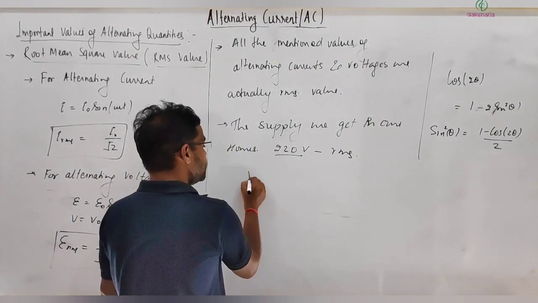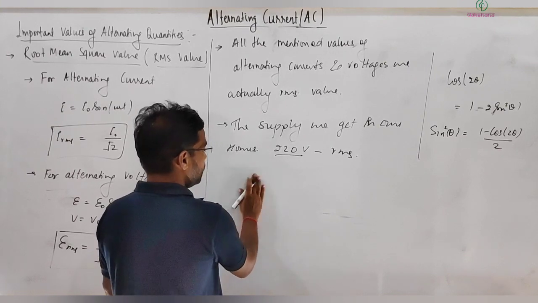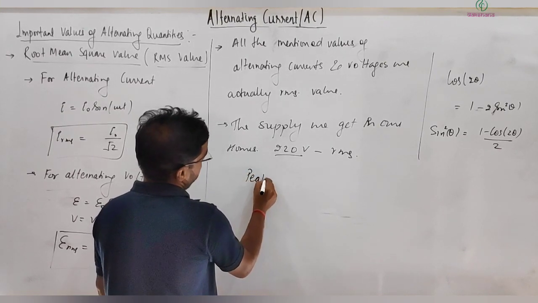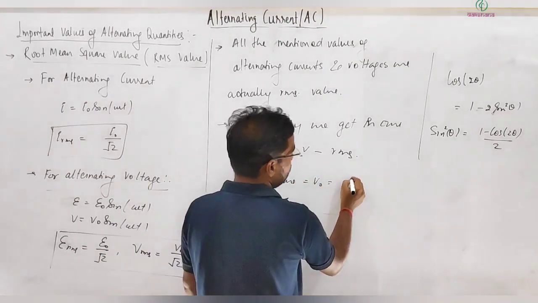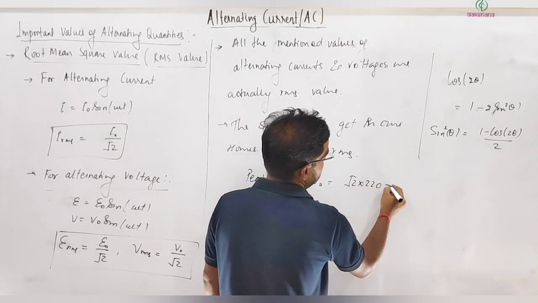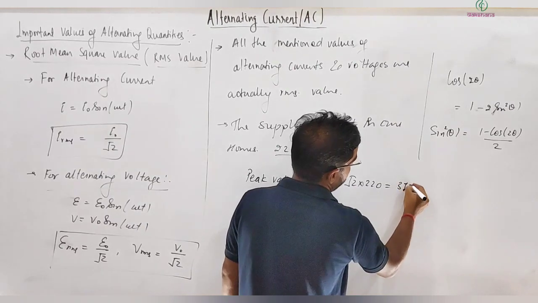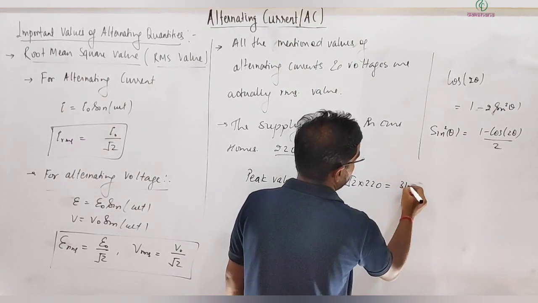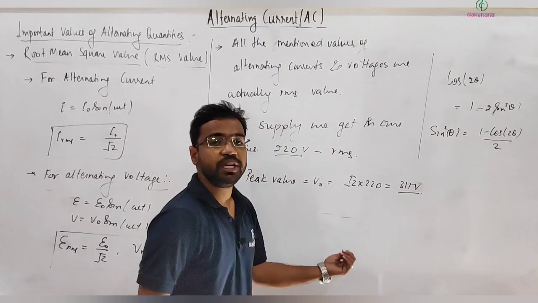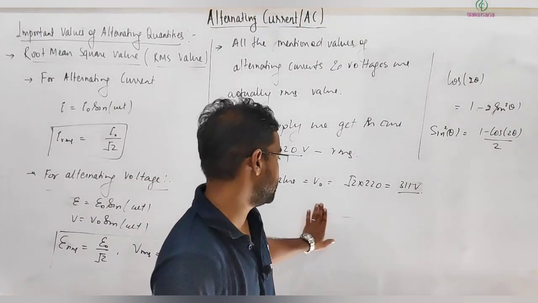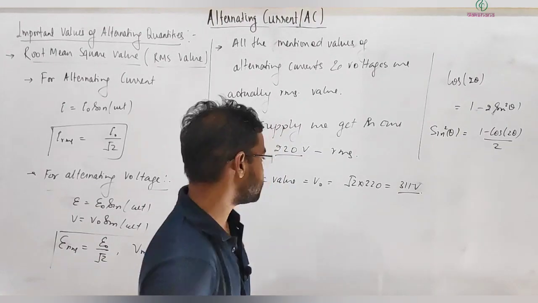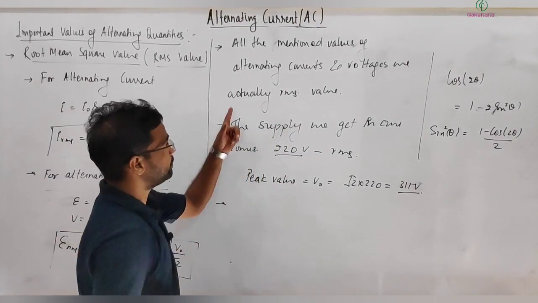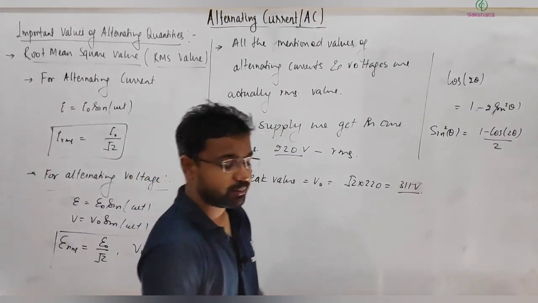The peak value, we write it as V naught, will be equal to root 2 times 220, and this is equal to 311 volt. So the peak value of the supply that we get in our homes is actually 311 volt. So this is about RMS value.